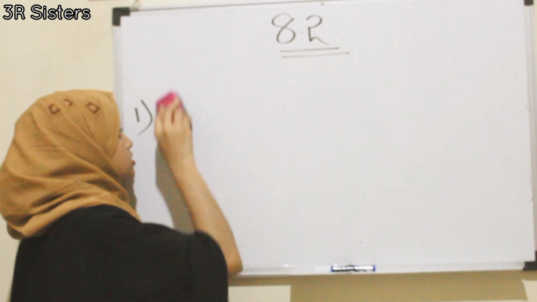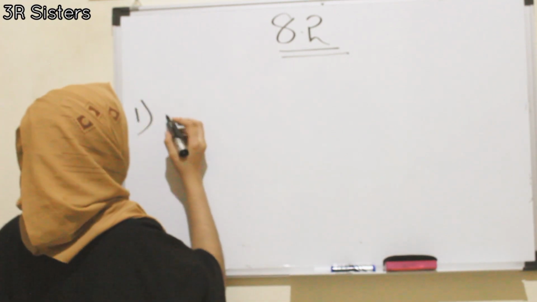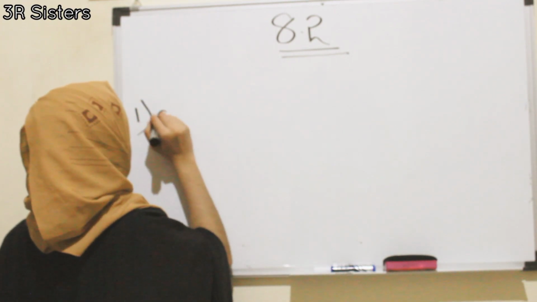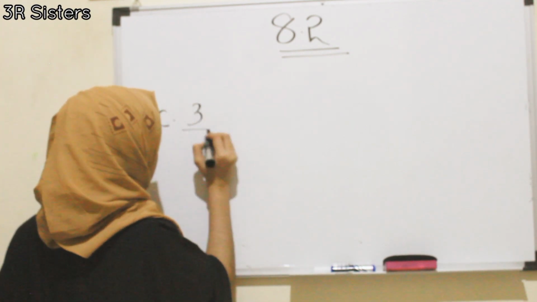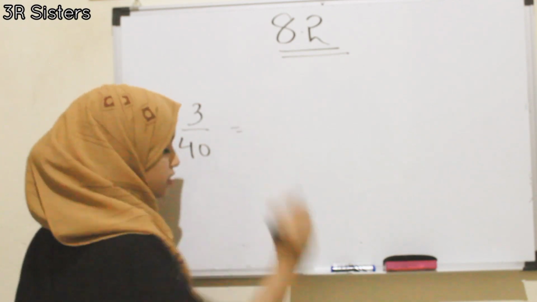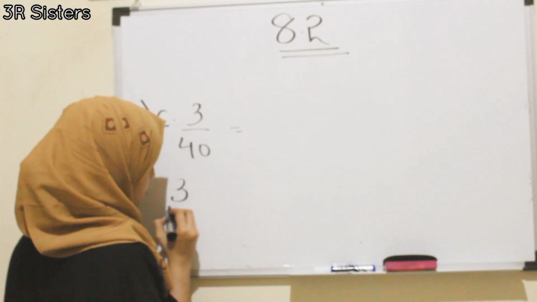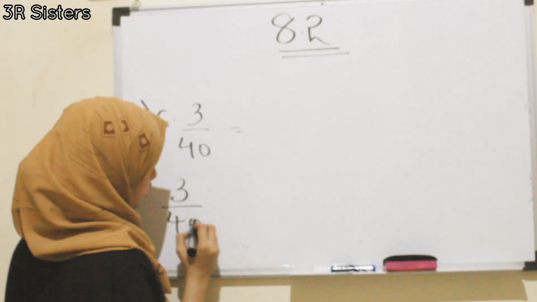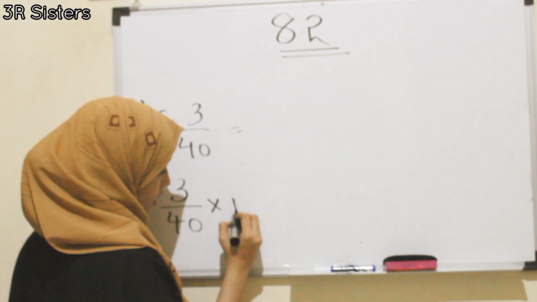C question is 3 by 40. We have to convert it. How will we convert this? 3 by 40 into 100.